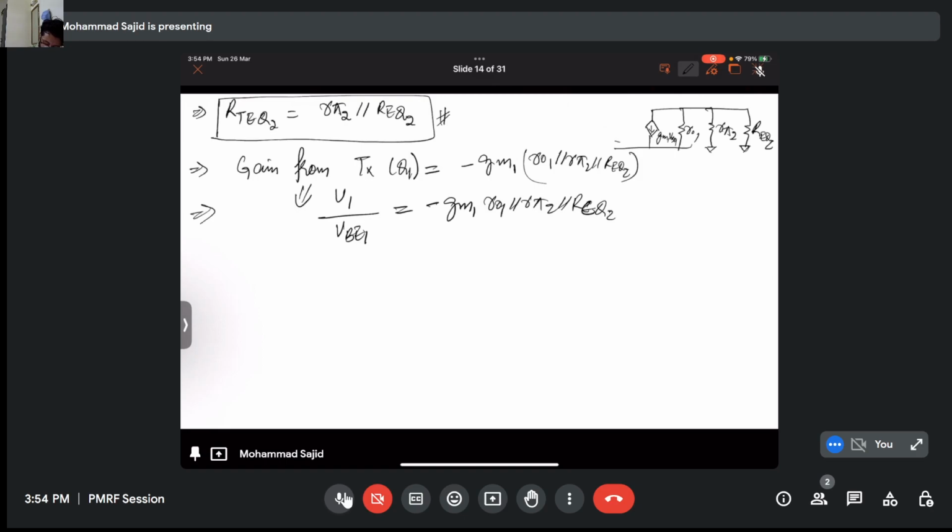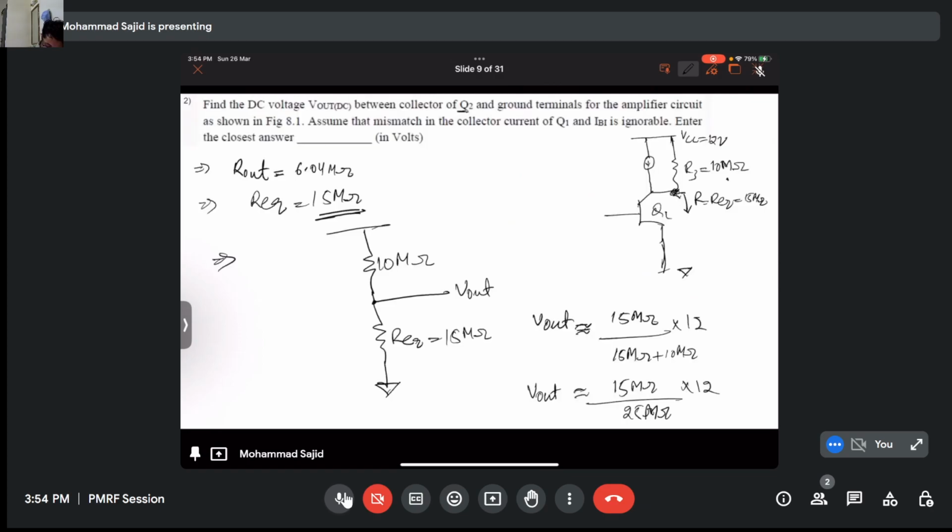So my VBE1 is again equivalent to R51 divided by RS plus R51, into V in.